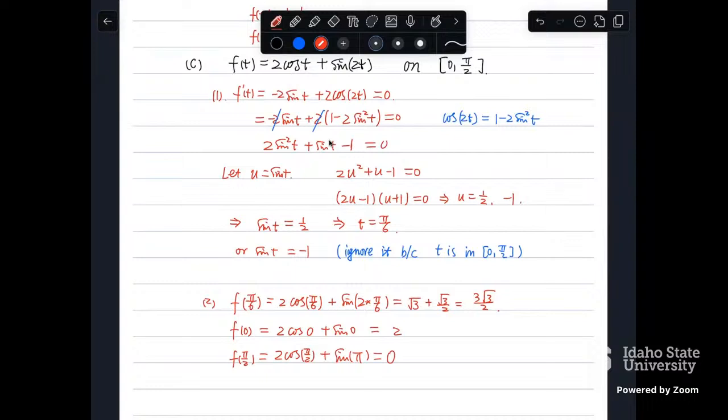Is 2 the maximum? Or this one? That's a trick to compare, okay? How do we compare these two numbers? We don't have a calculator, right? So 3 times the square root of 3 is the same as the square root of what? If you move this 3 inside, 27, right?